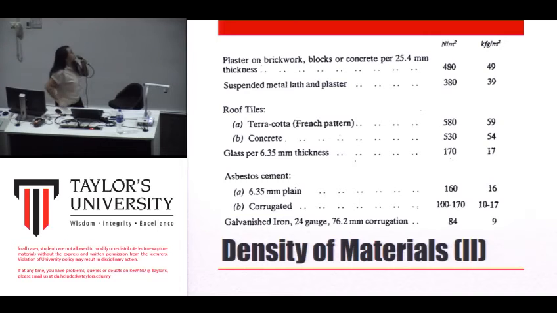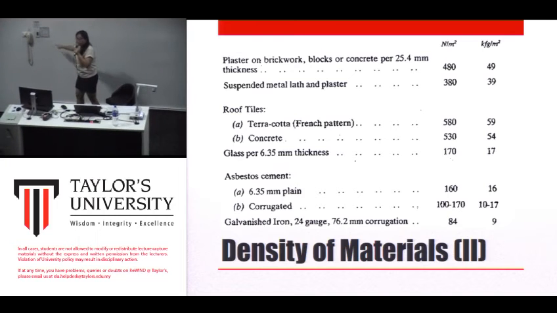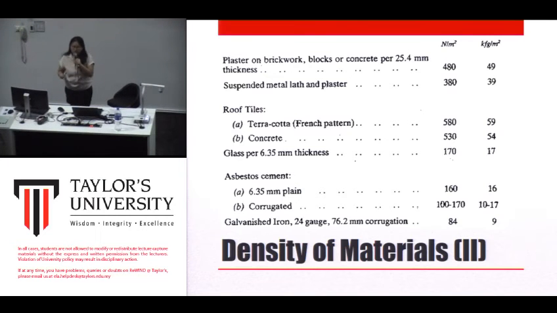The difference is that the density of these materials is given in terms of Newton per meter square, just like what I said earlier. For every meter square, what is the weight, rather than density per meter cube. So roof tiles are further categorized into two: terracotta and concrete. 580 Newton per meter square. So you have to check what unit is given.